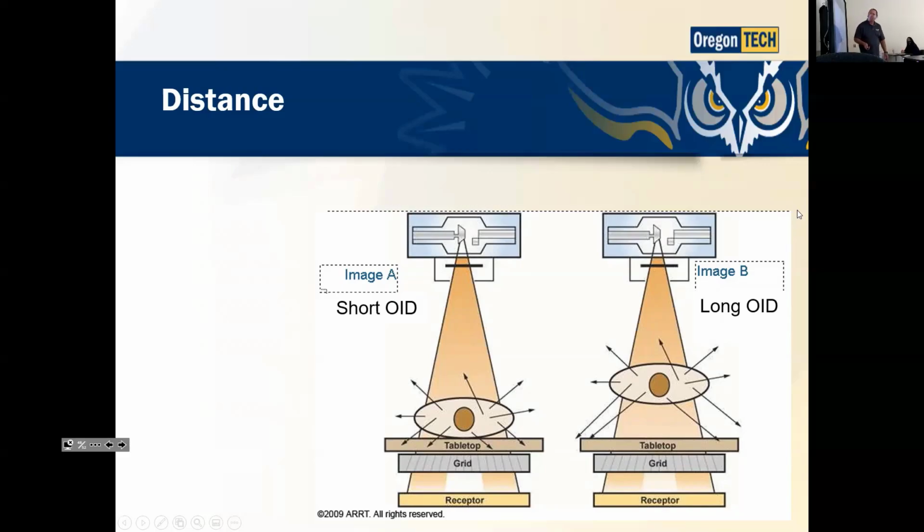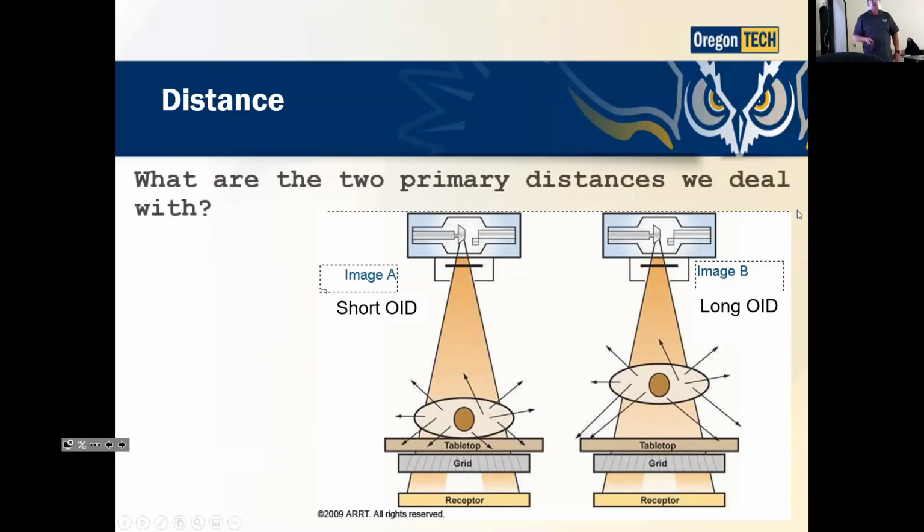So what are the distances that we talk about primarily? SID and OID. I have a question for you. If the SID remains constant and I reduce the SOD, what happens to the OID?